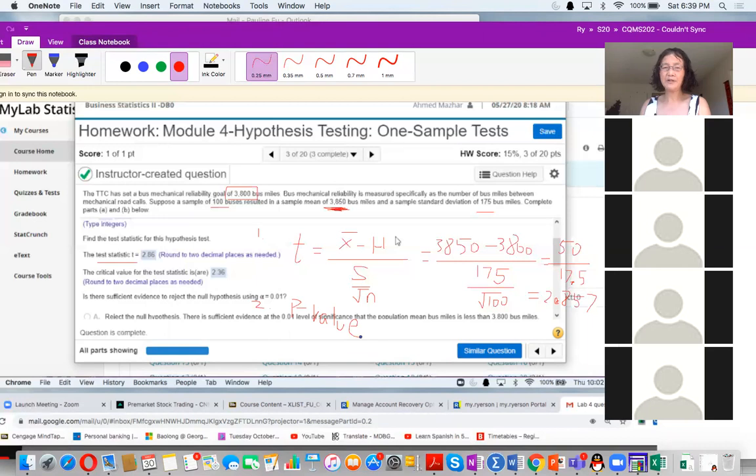You calculate p-value by pressing F5, F2, F2. After that, you have lower.